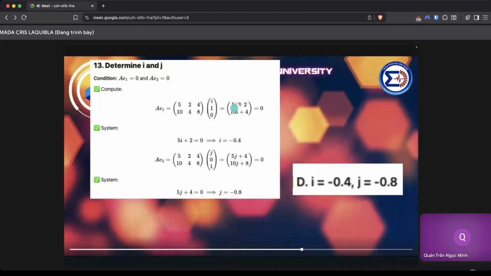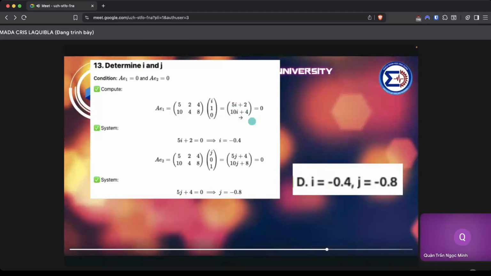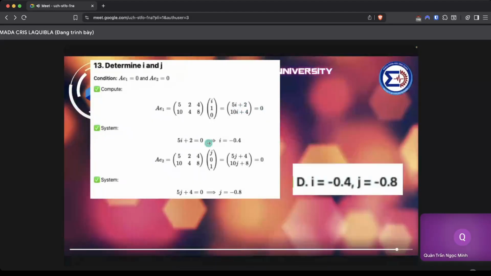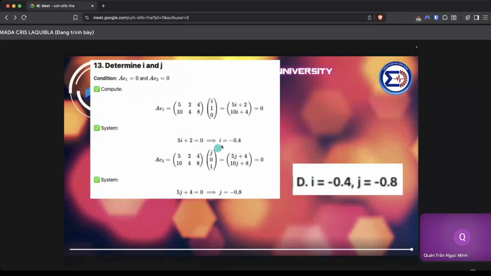Multiplying that value, we have this 5i plus 2, and then 10i plus 4 is equal to 0. So I just equate the top part, 5i plus 2 is equal to 0. Then your I there, if you solve it, transfer 2 to the other side is negative 2, divide 5 both sides. So the I there is negative 0.4. Then as you can see, they have the same value here in the lower part.